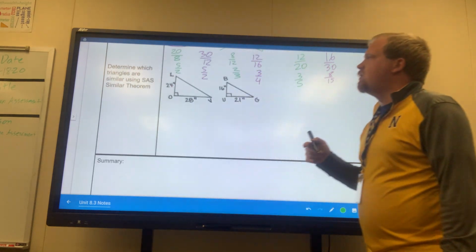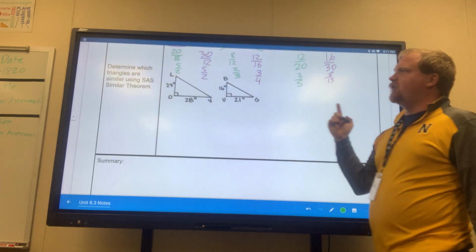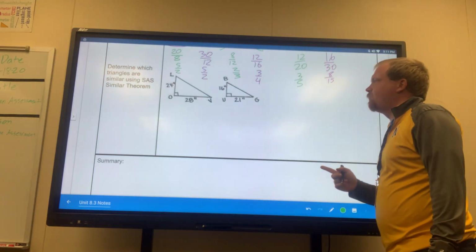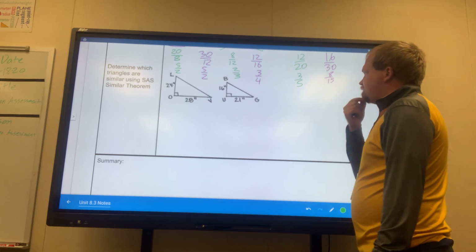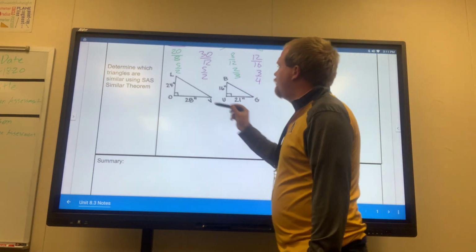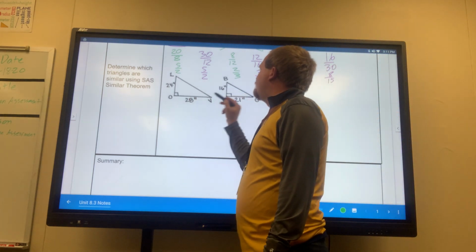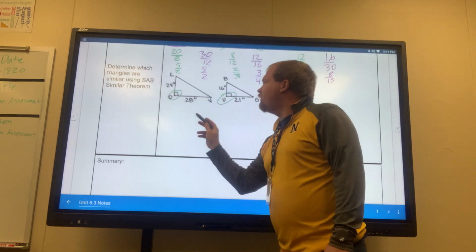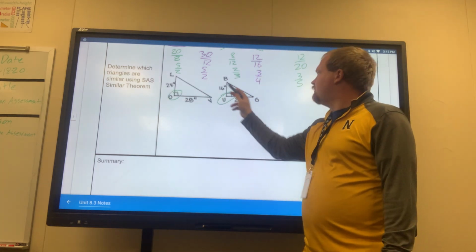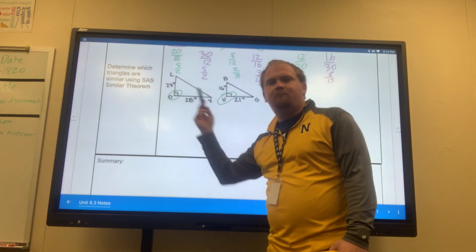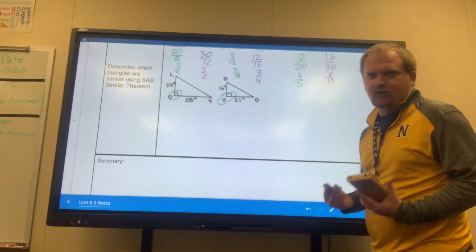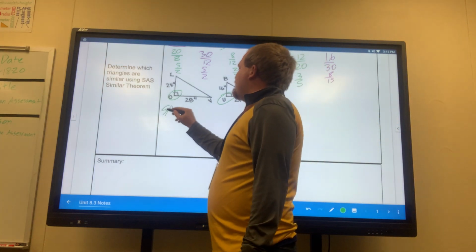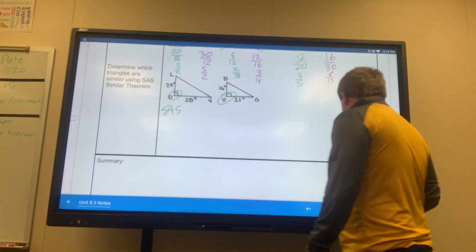Now, we want to determine if these two triangles are similar using side angle side. Not only do I have two sides here, but look at these two angles. Not only are they in between the two sides, but since they're both right angles, they're congruent to each other. So I can use side angle side.